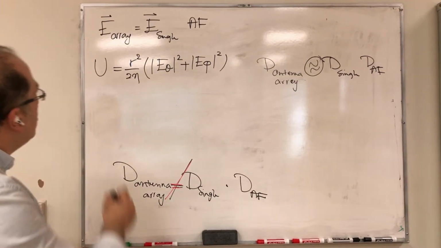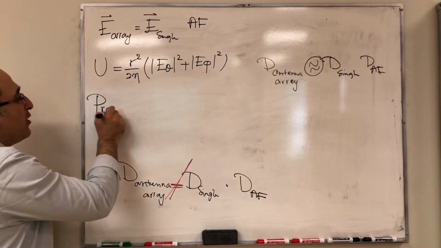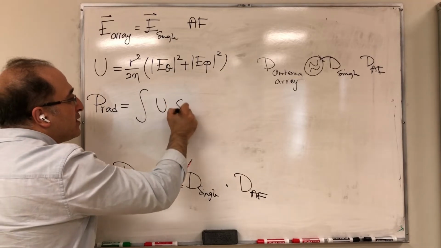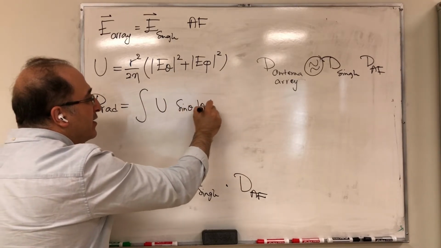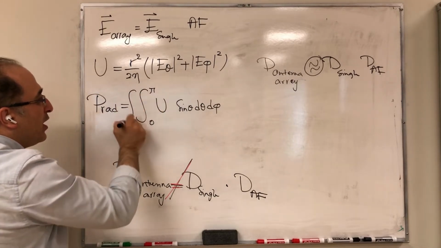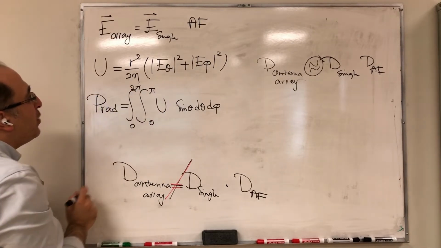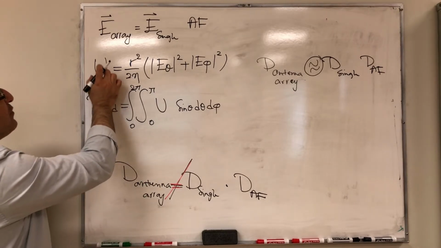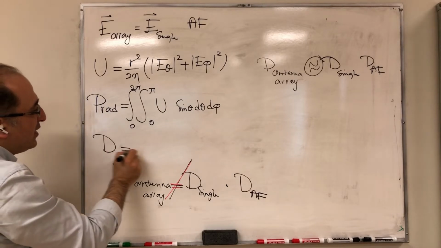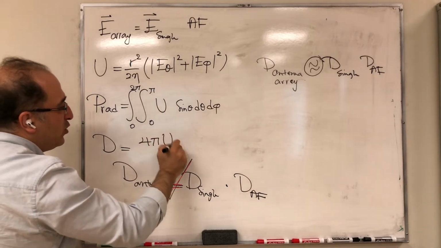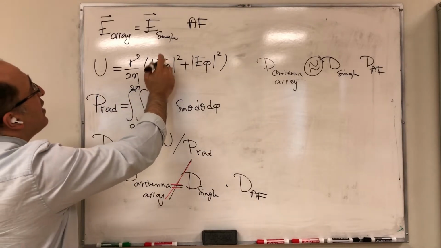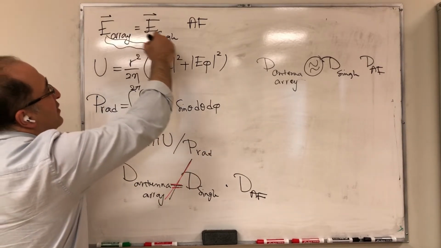Now, having U, we can also find the total power radiated, which is the integration of U over sine theta d theta d phi, the element of solid angle, theta from 0 to pi, phi from 0 to 2 pi. So now you have that, and your directivity becomes 4 pi U divided by P rad. And the E that we have here comes from the E of the array.